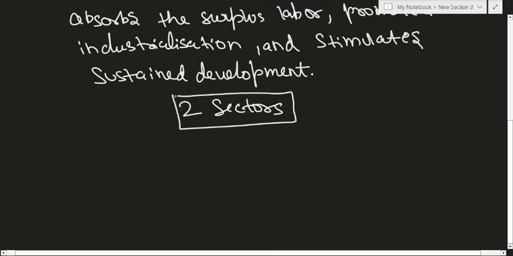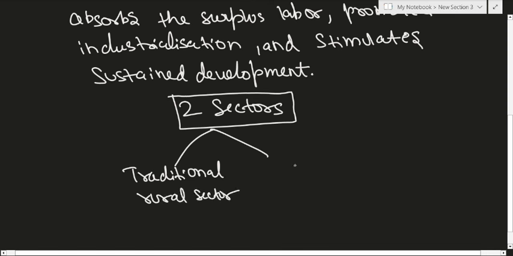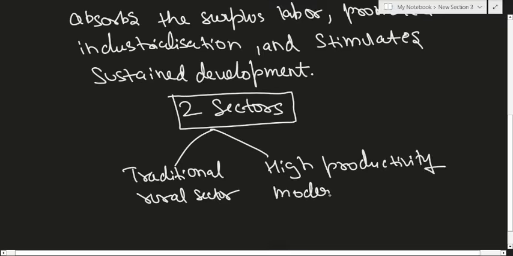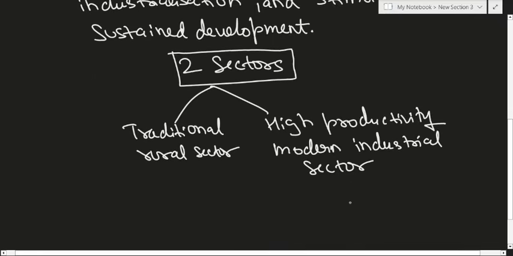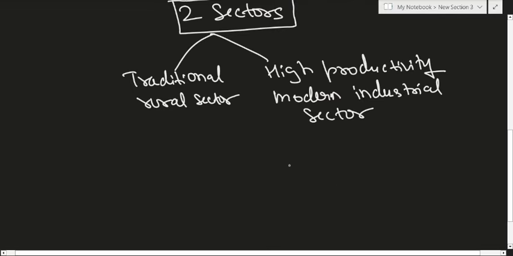Sustained development. So basically, the Lewis model talks about two sectors. One is the traditional agricultural sector, the traditional overpopulated rural sector. And the second one is the high productivity modern industrial sector. There are some categorizations and features of both these sectors in the Lewis model.